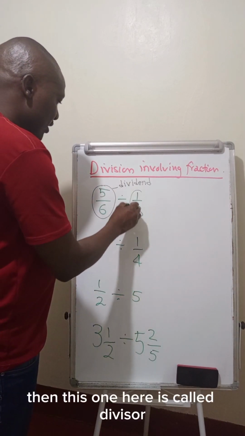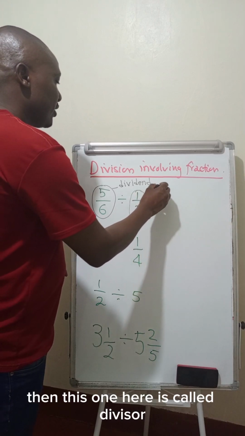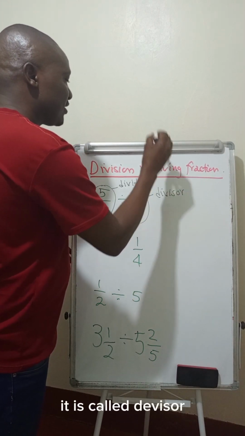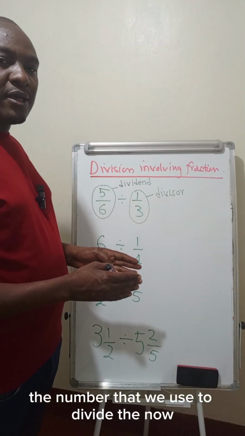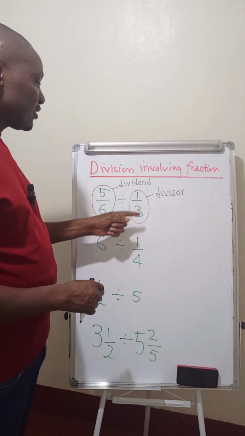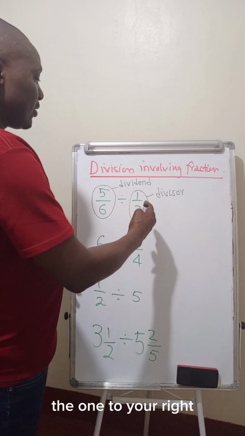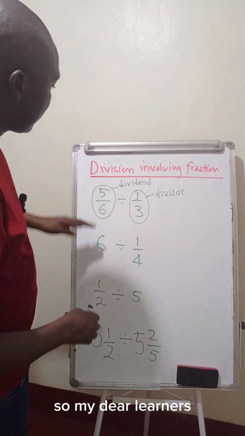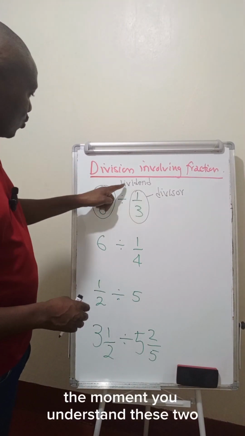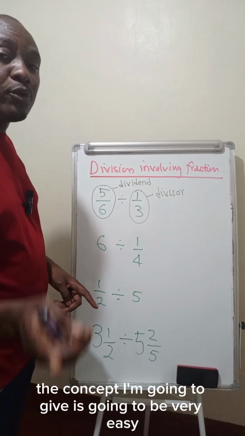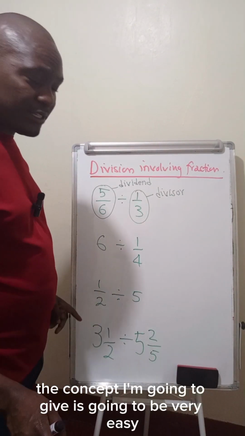Then this one here is called the divisor. It is the number that we use to divide the dividend. This is the divisor, the one to your right. So, my dear learners, the moment you understand these two, you will realize that the concept I'm going to give is going to be very easy.